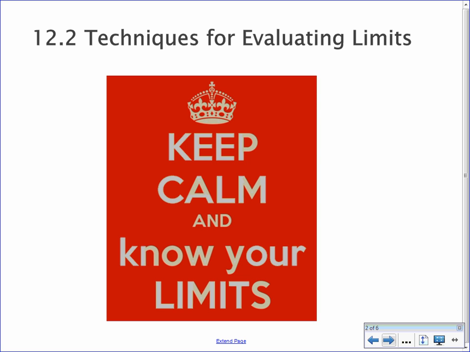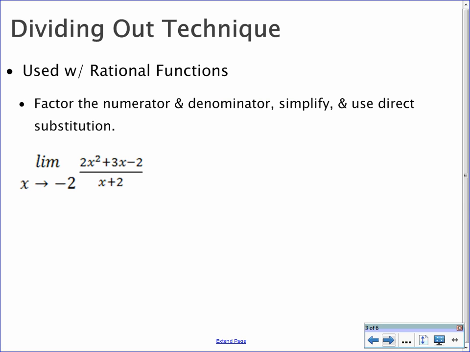We're going to look at 2 techniques today. The first one is exactly what Allie was talking about. If we have a rational function where direct substitution is not going to work, we can see if we can reduce the fraction at all.